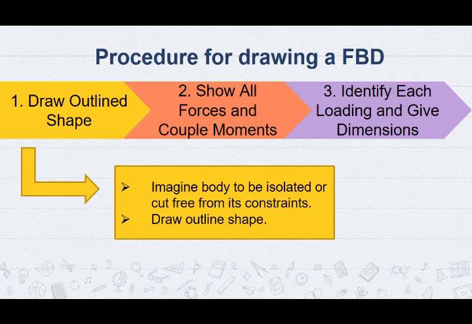The second one, show all the forces and couple moments. The third one, identify its loading and give dimensions. For the first step, imagine the body to be isolated or cut free from its constraints. Then draw the outline shape.